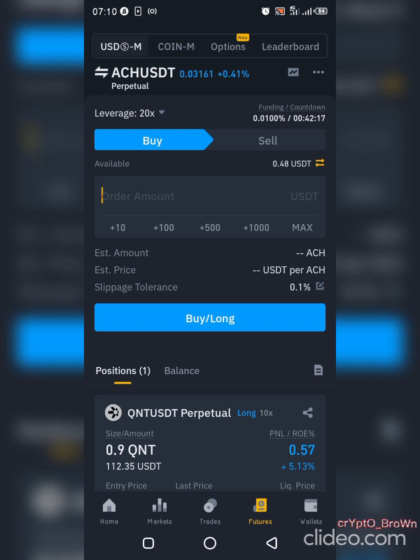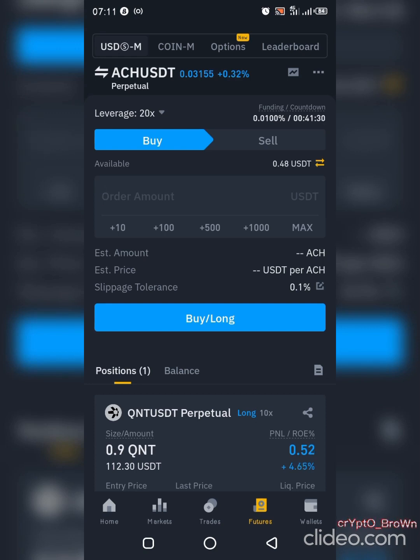I'll explain that later. So, more leverage, more winnings, or more gains. Less leverage, less gains as well.